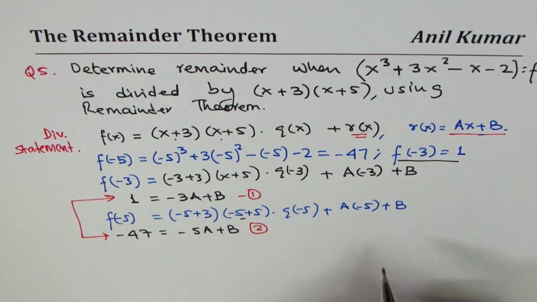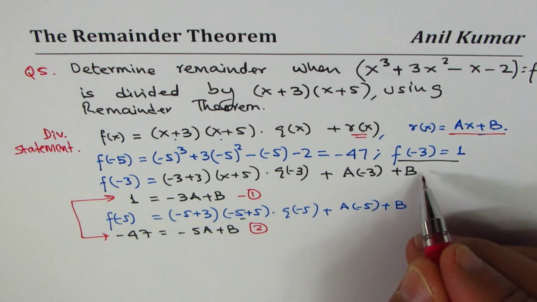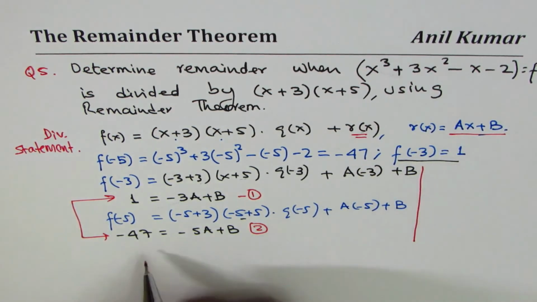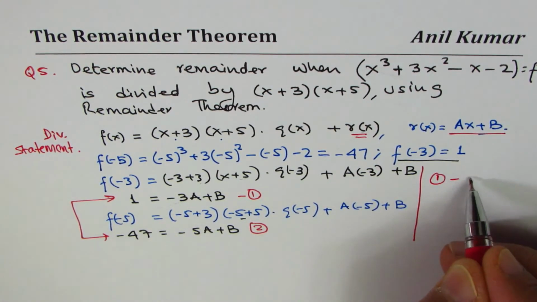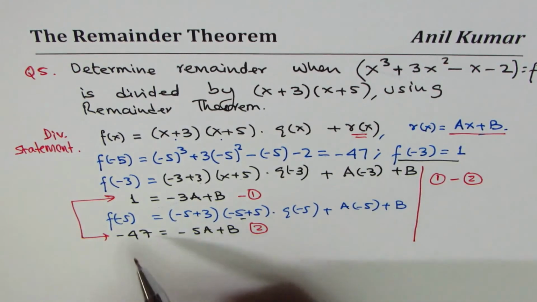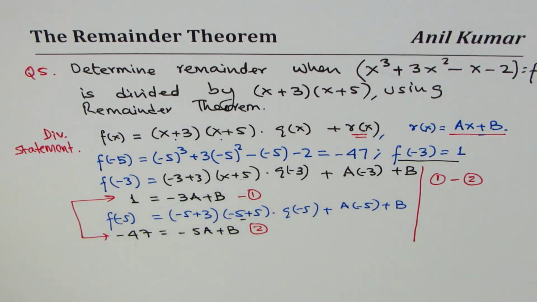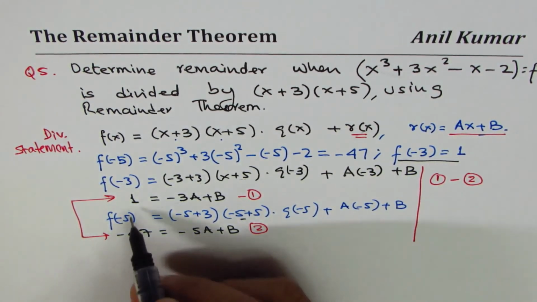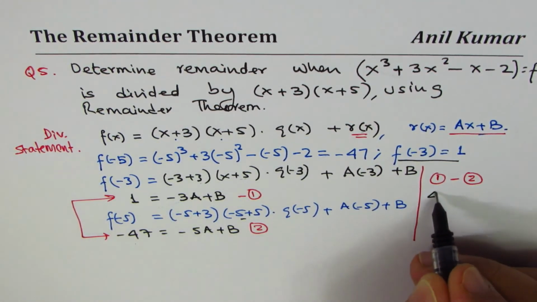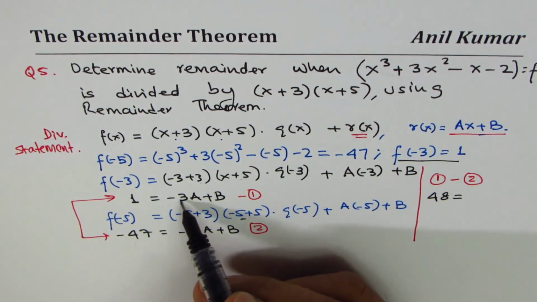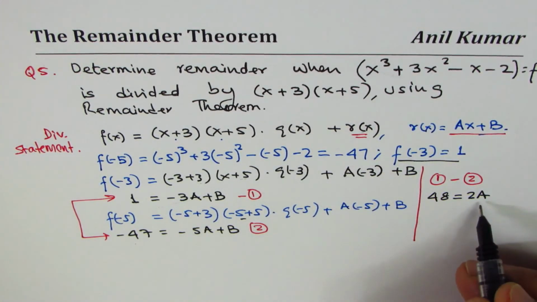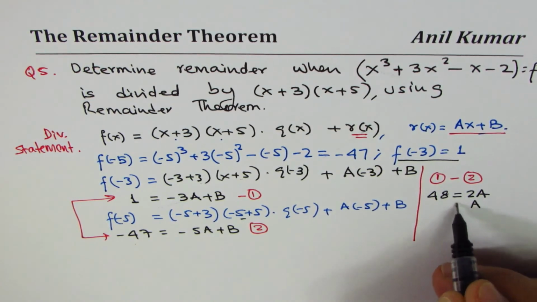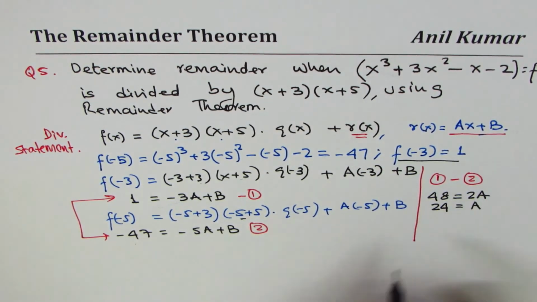So now what should we do? Let's continue on this side. We can do equation number 1 minus equation number 2. That's the first step. Equation 1 minus 2 will give us 1 minus minus 47, which gives us 48, right? Equals to minus 3a minus minus 5a gives us 2a, right? b minus b is 0, and that gives us the value of a as equal to 24, 48 divided by 2.